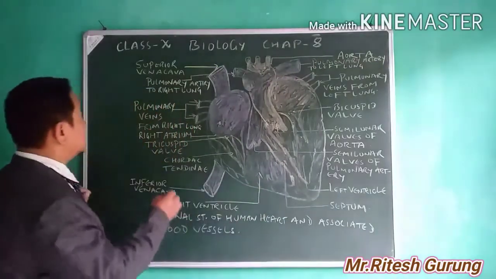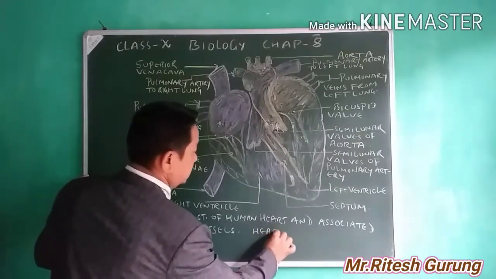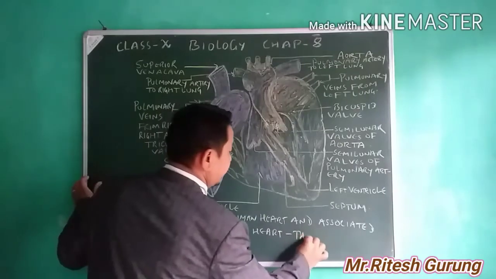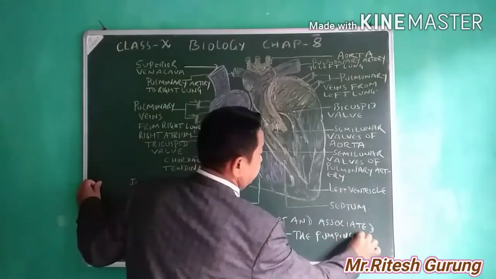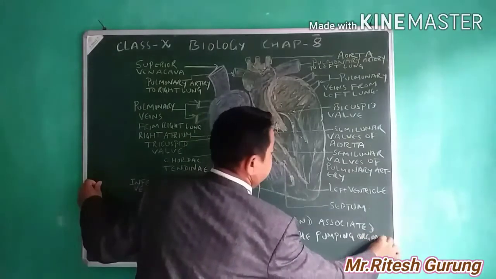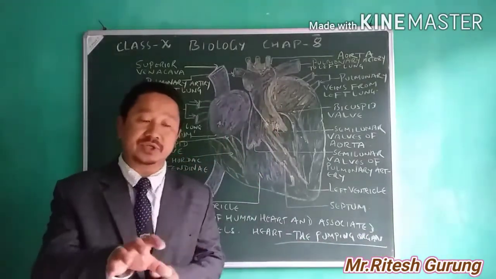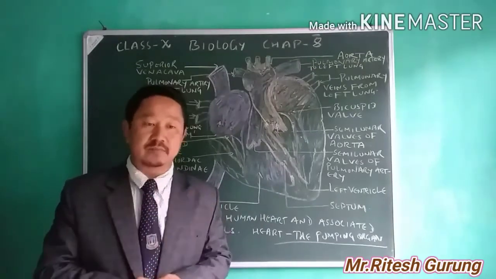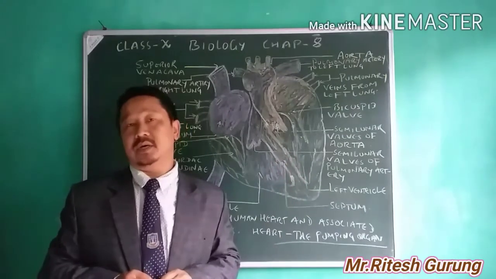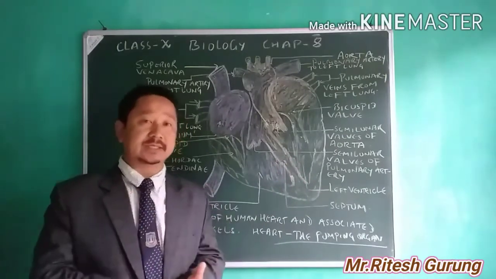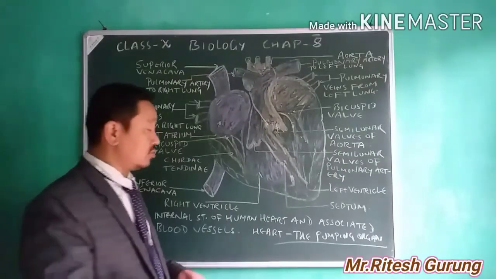The heart is the pumping organ, which means the heart is the one which collects the blood and distributes it to different parts of the body.